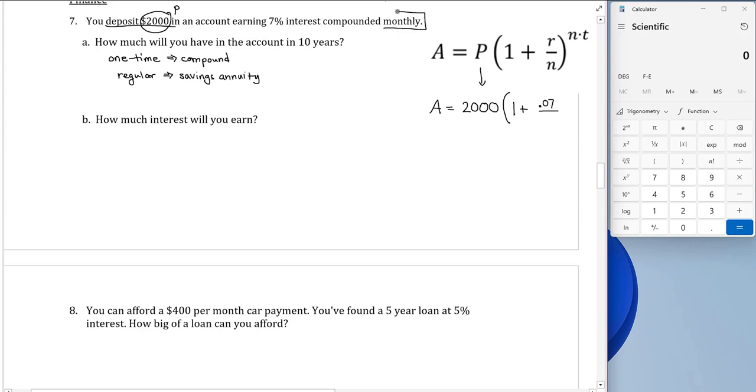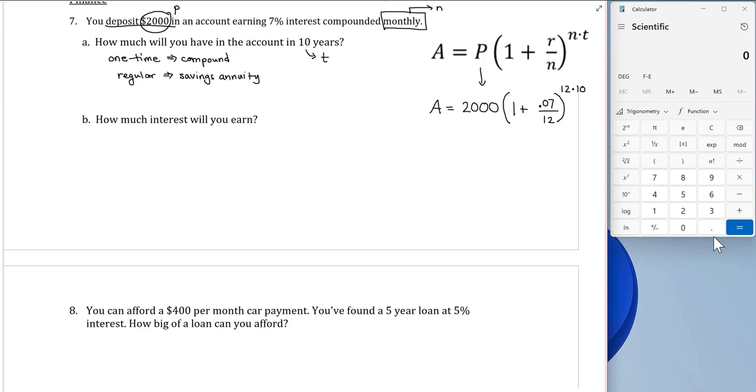N is how often the interest is added to my account. That would be 12 since it's monthly. Then I multiply it to the power of 12 times T for time, and I'm keeping it in there 10 years.